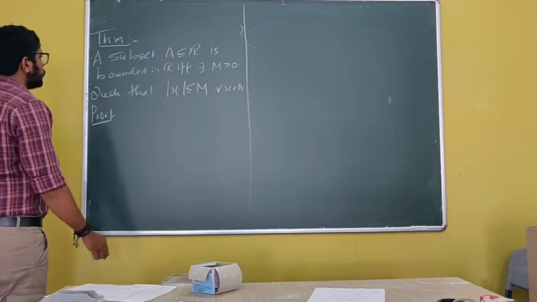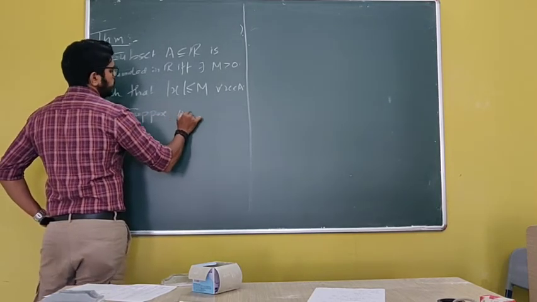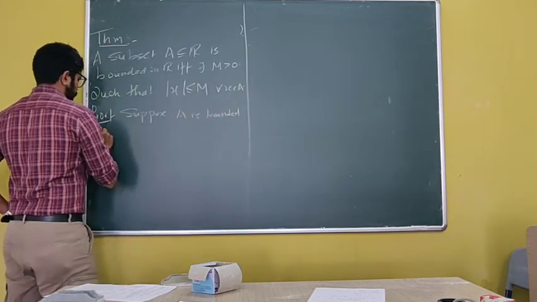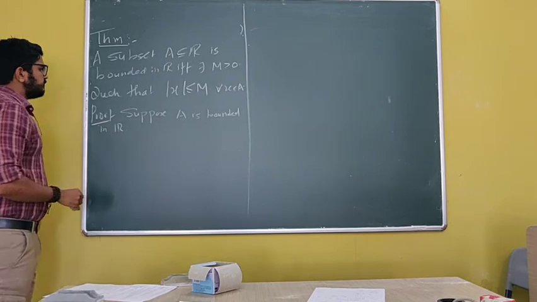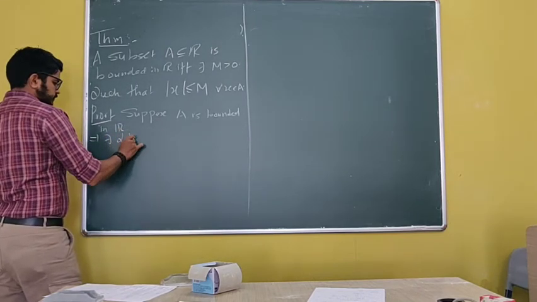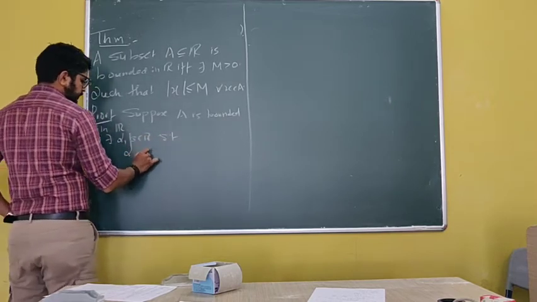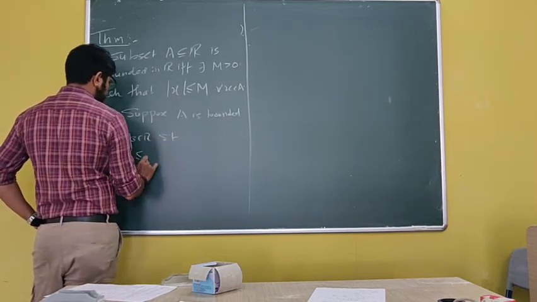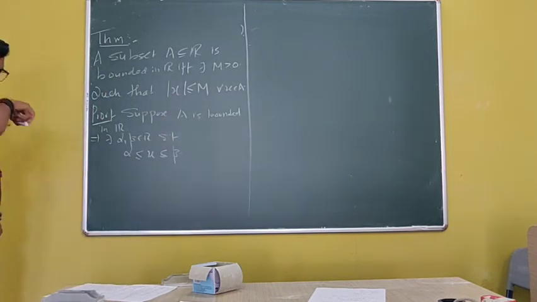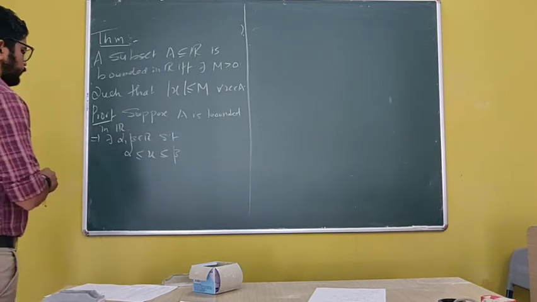Suppose A is bounded in R, then by the previous definition we know that there exist alpha, beta in R such that alpha is less than or equal to x, less than or equal to beta, isn't it? And this is true for all x in A.